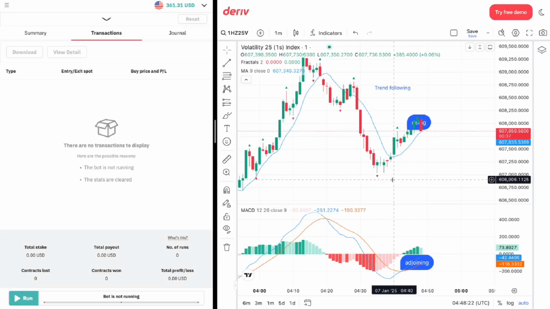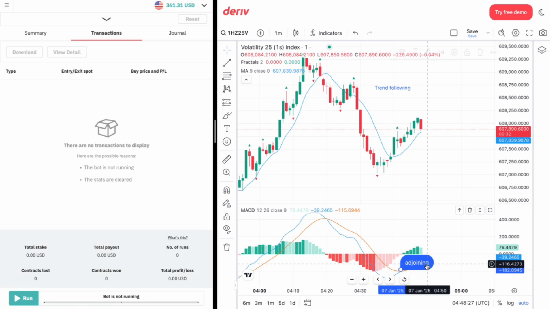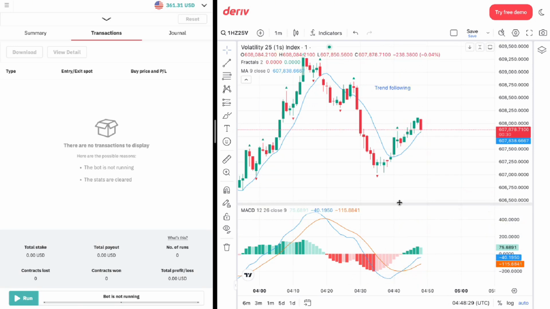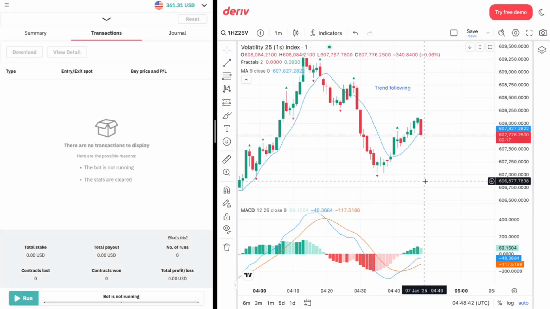And going back to this, let me just delete this. So if you look closely, anytime there is this MACD and then there is a strong rise, you can see the strong red candles. Right now you're seeing it's fading away because the market is going down.